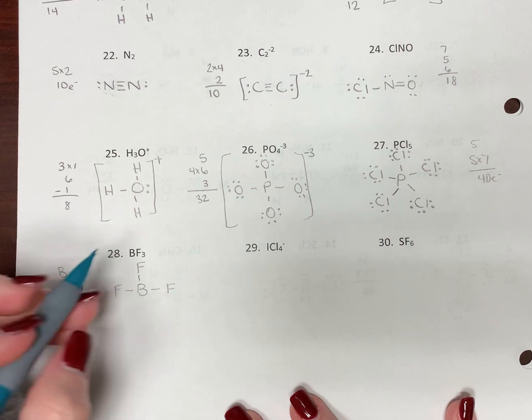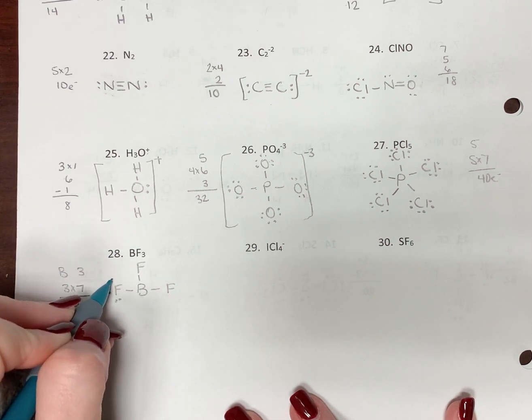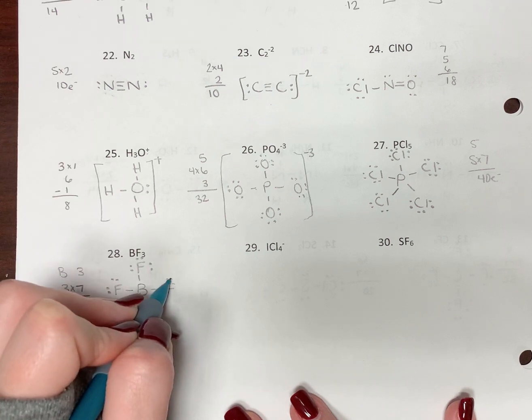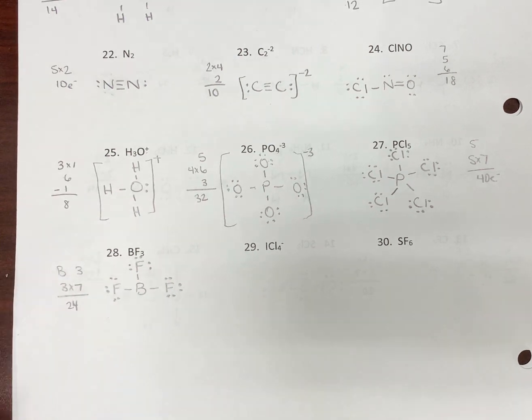So 2, 4, 6, 8, 10, 12, 14, 16, 18, 20, 22, 24. Very good. So boron is happy with 6.